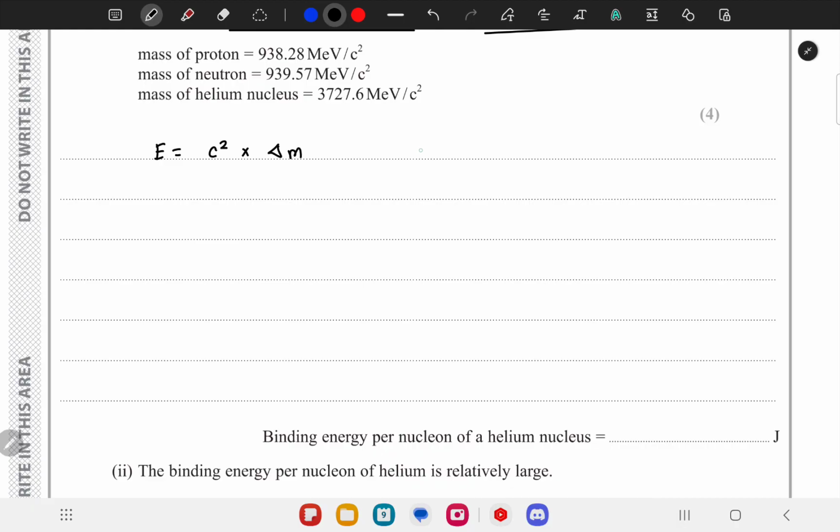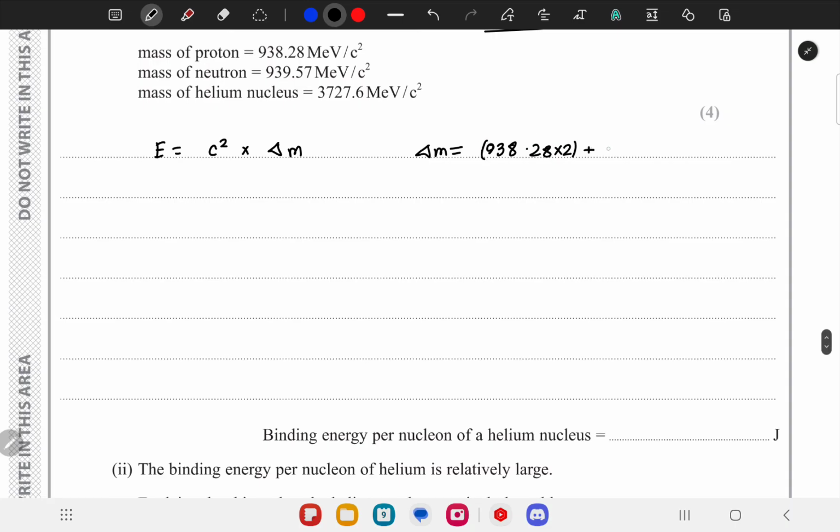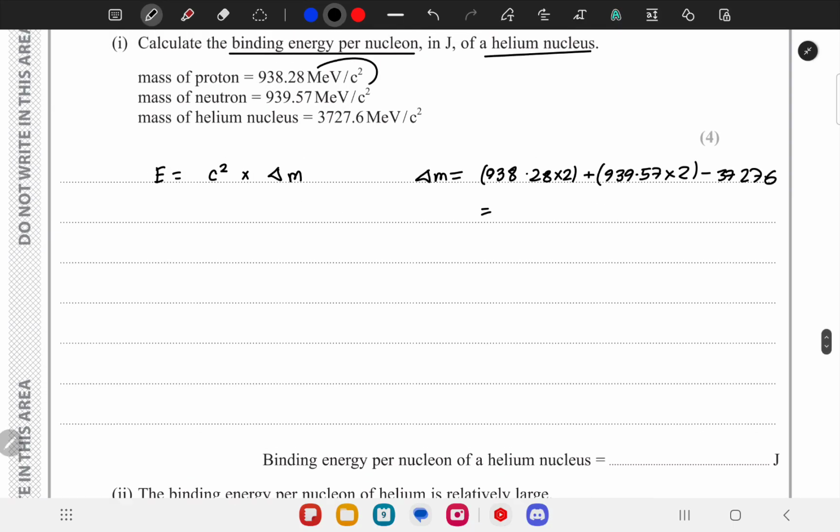The change in mass over here would be 938.28 into 2 plus 939.57 into 2 minus 3727.6. Since we are given the mass in MeV per c squared, we don't have to use the energy equation.